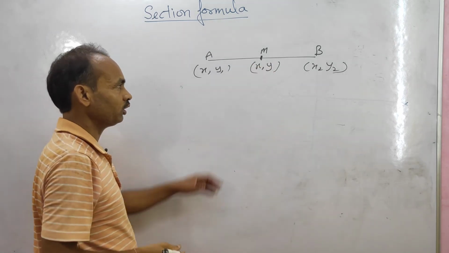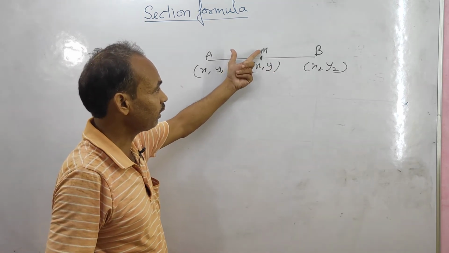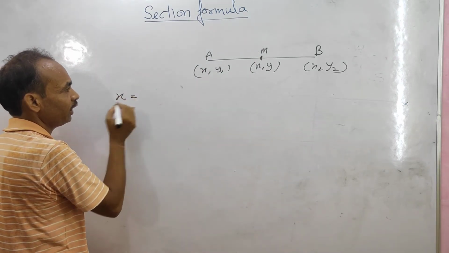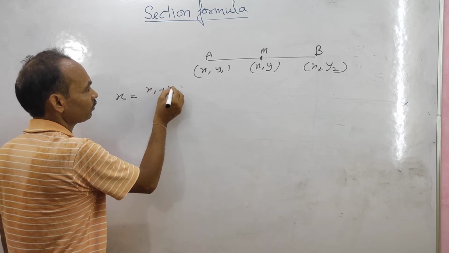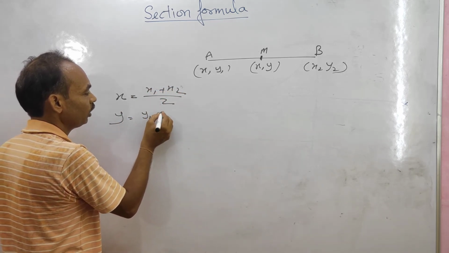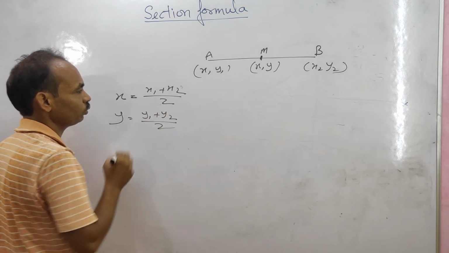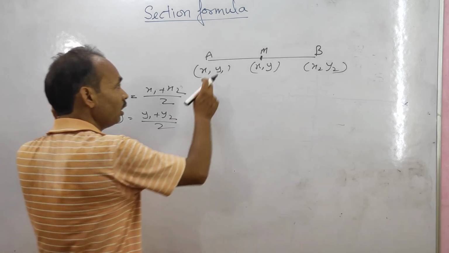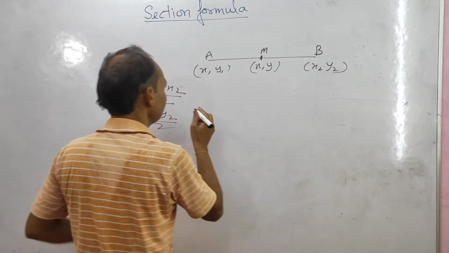It means what is the coordinate of M. To get the solution, x is (x1 plus x2) upon 2 and y is (y1 plus y2) upon 2. You can easily get the midpoint of two points A and B.